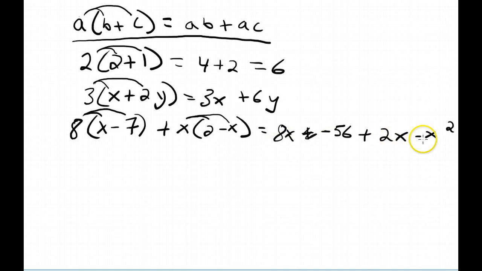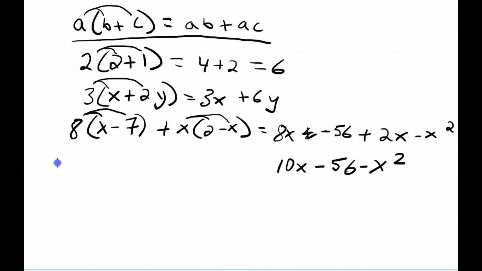Now we can simplify this a little bit here. Our like terms of 8x and 2x give us 10x minus 56 minus x squared.